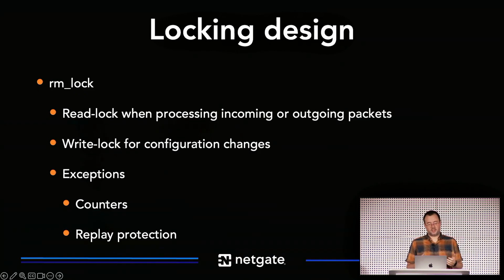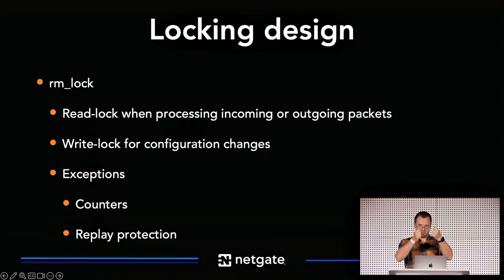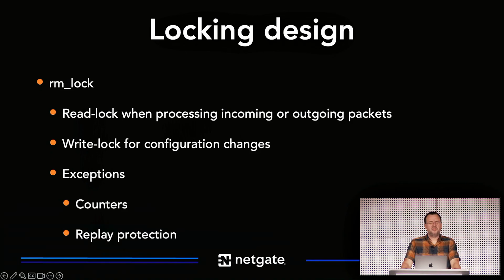We're all familiar, I'm sure, with the notion that if you have two cores doing stuff at the same time to the same data, you might end up with very unexpected results, and unexpected is very bad in the kernel. The way we've solved this in if_ovpn is we've taken a relatively simplistic approach.